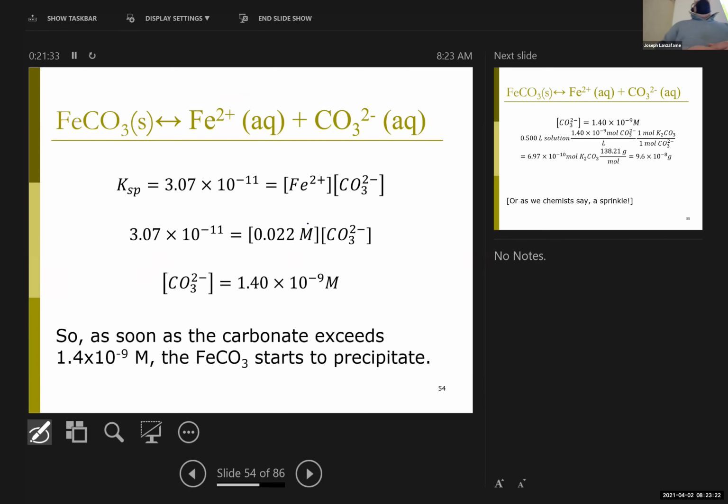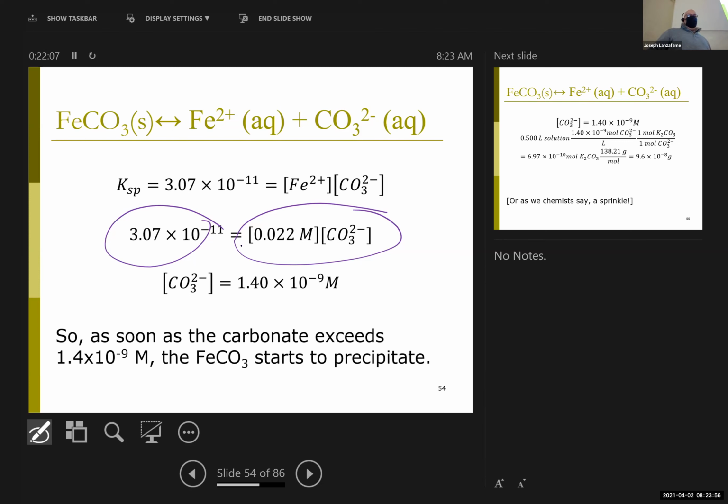And so how much is that? Well, as much as it takes for the Ksp to equal the product of the ions, right? Which in this case is not a lot because my iron carbonate is not terribly soluble. I only need to add 1.4 times 10 to the minus 9 moles of carbonate per liter, which is not very much at all.